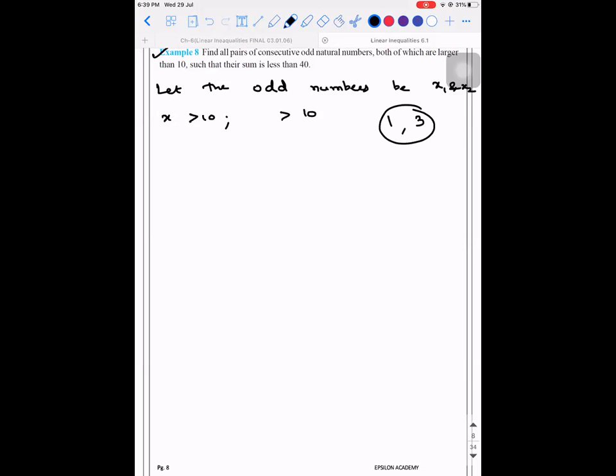Then what is the general form of an odd number? 2n plus 1 or 2n minus 1, because 2 multiplied with any number is even. So if you add 1 or subtract 1 from an even number, you will get an odd number. So this is one way of approaching.